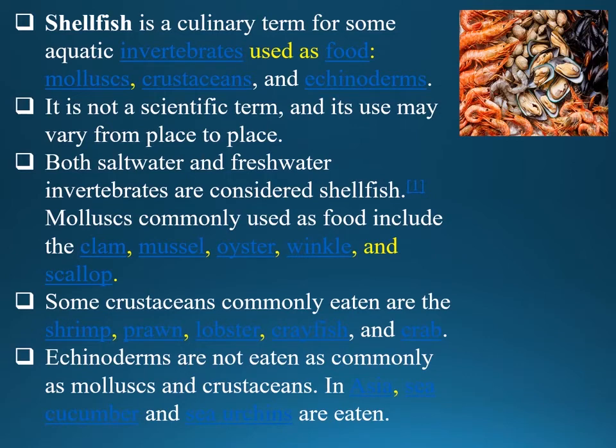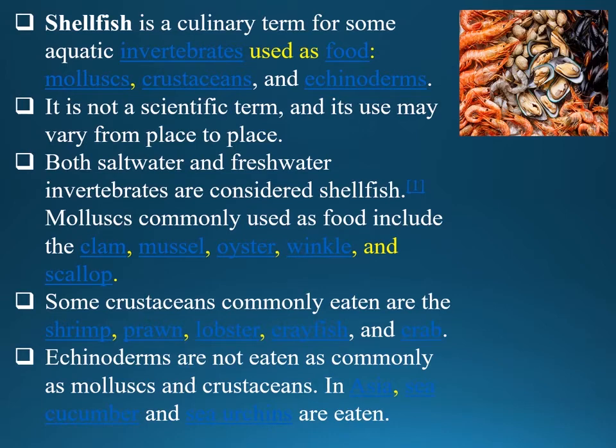Mollusks commonly used as food include clam, mussel, oyster, winkle and scallop. I hope you are able to read this.